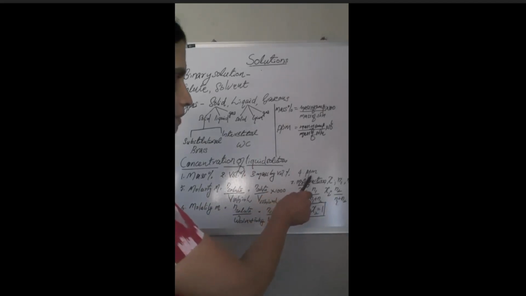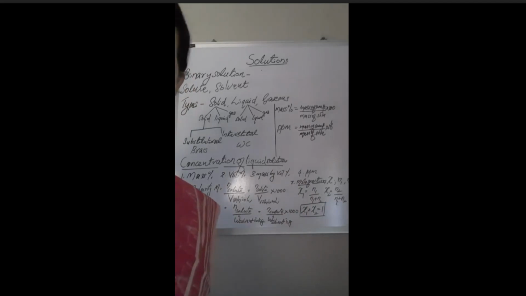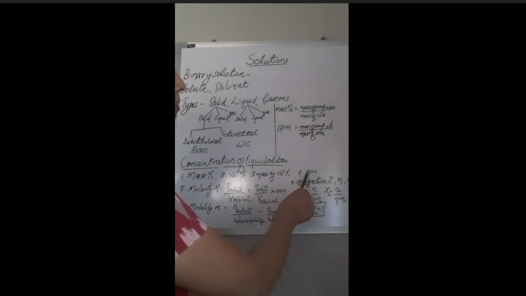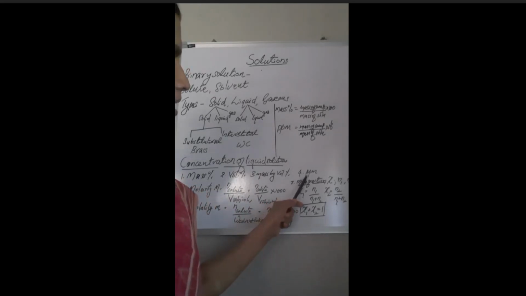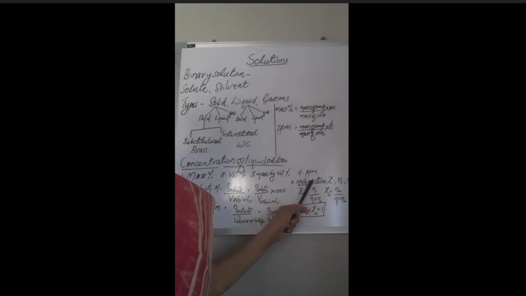Then another way by which we express concentration is ppm, called parts per million. When the amount of solute present is very, very small, it will be highly inconvenient to express the concentration as mass percent, volume percent, etc. Therefore, we express it as ppm, or parts per million.